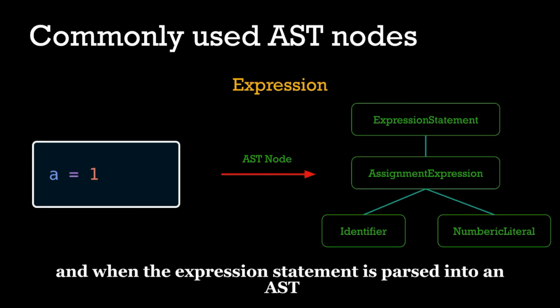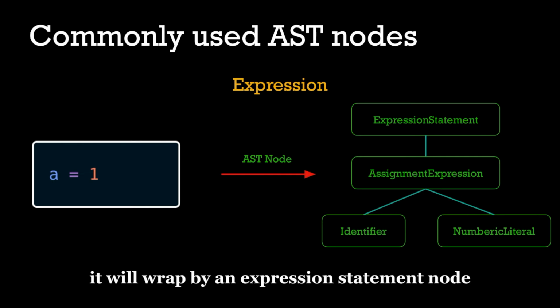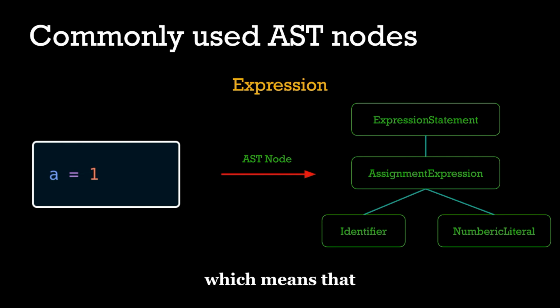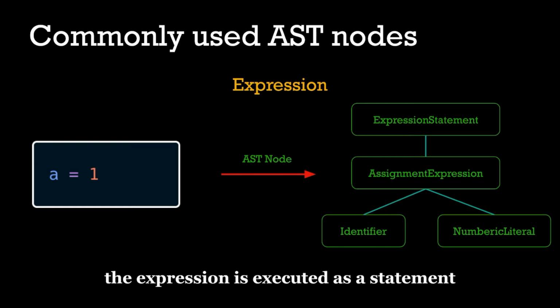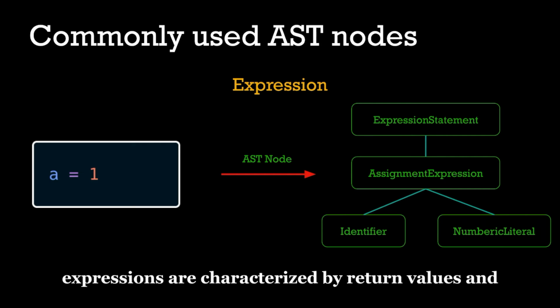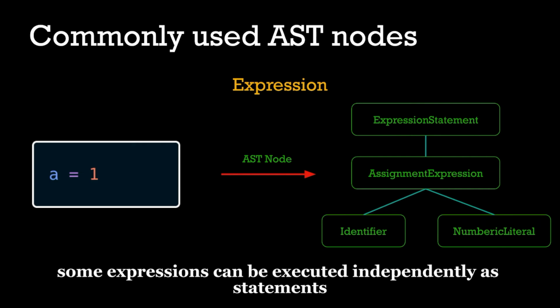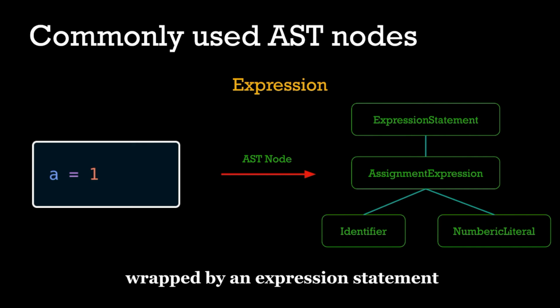And when the expression statement is parsed into an AST, it will be wrapped by an expression statement node, which means that the expression is executed as a statement. So, all in all, expressions are characterized by return values, and some expressions can be executed independently as statements, wrapped by an expression statement.